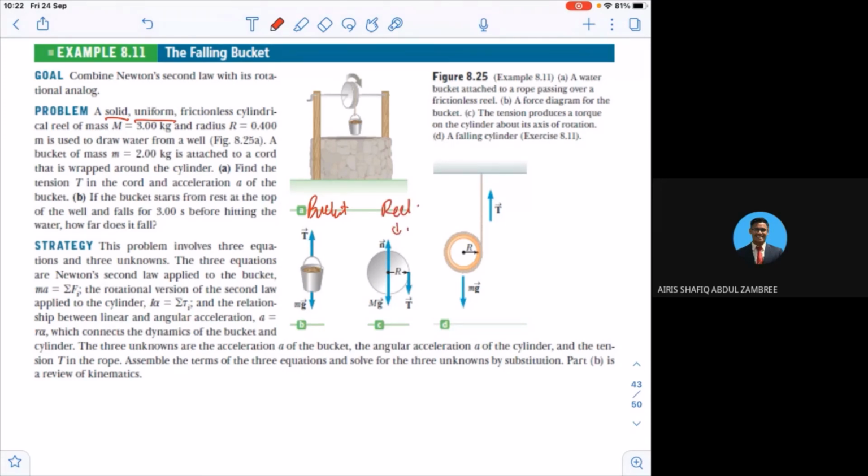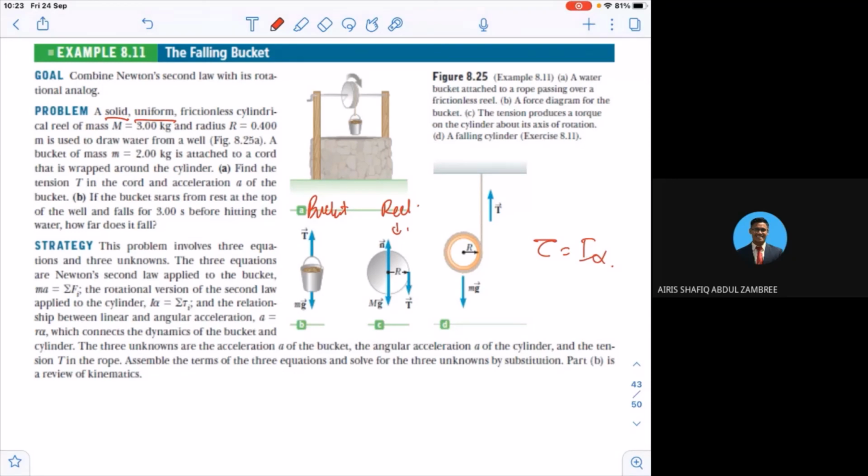Normally when we do these examples in terms of force only, not torque, we just focus on the summation of Fx equals m ax, and also y, but not the summation of torque. But in this chapter we need to use some equations, especially torque equals I alpha.